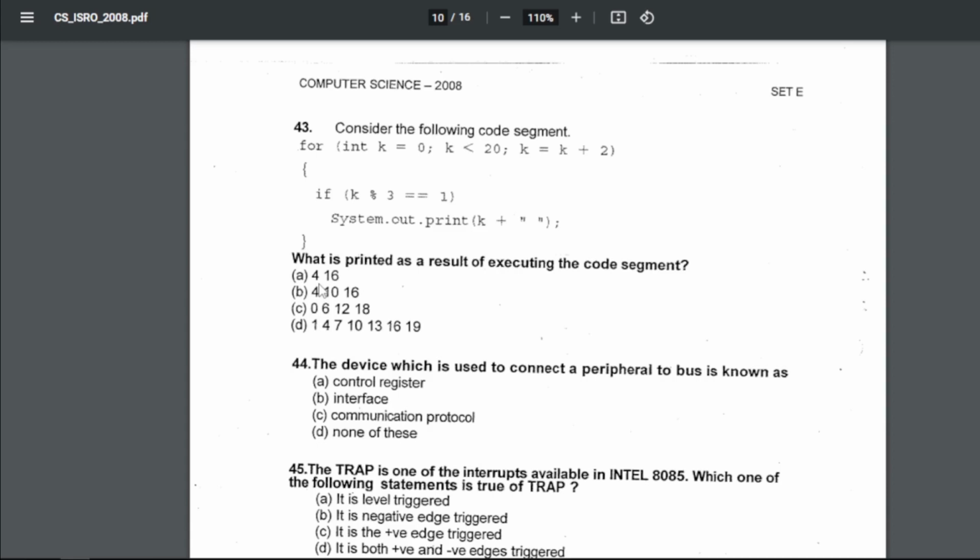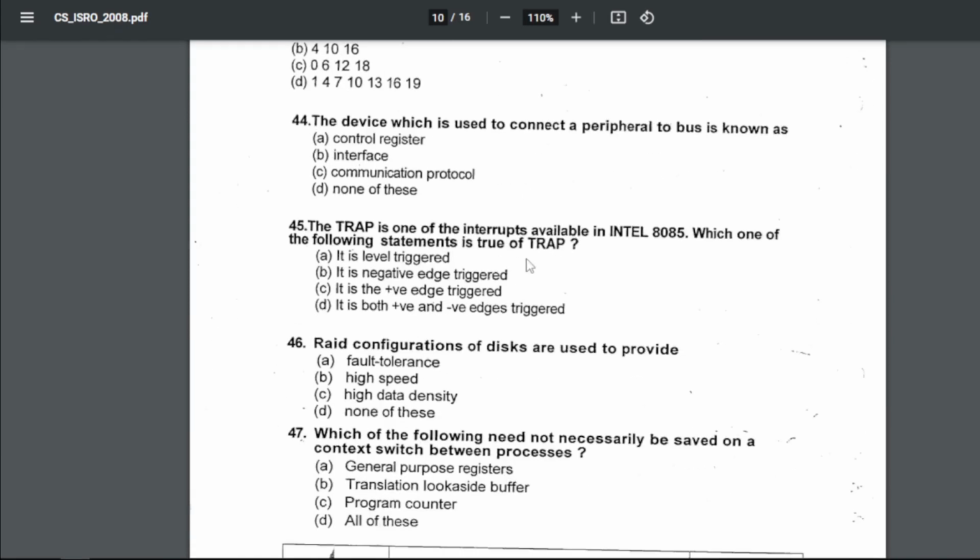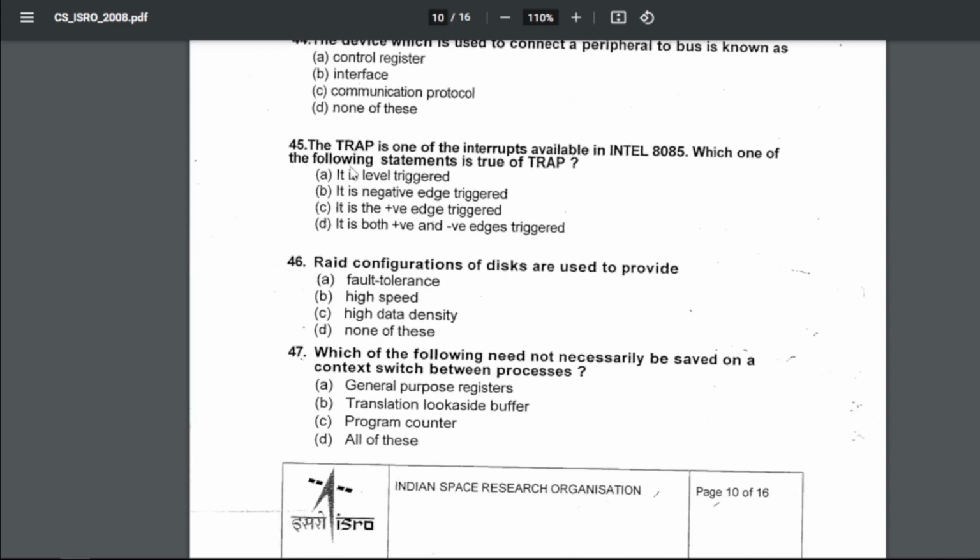For this the answer will be 4, 10 and 16. 44: the device which is used to connect a peripheral to the bus is known as what? That device is known as the interface, right? Remember that this is the answer, interface.